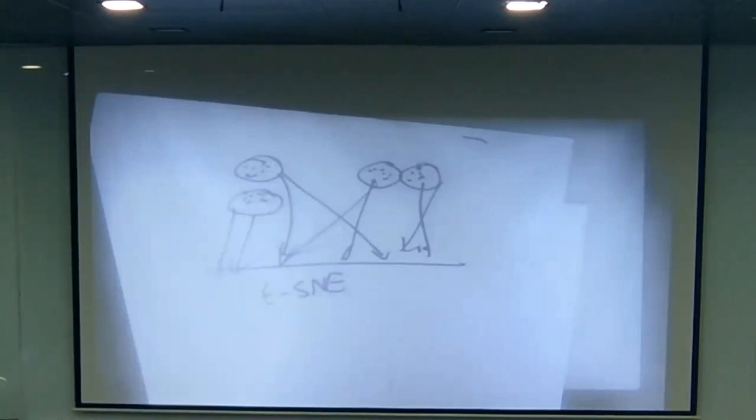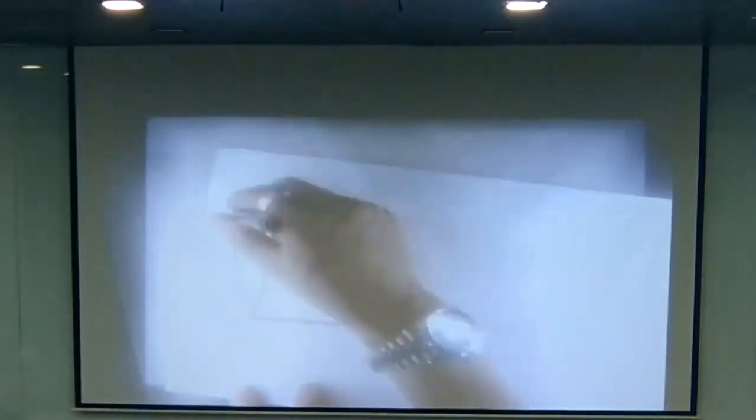Okay, let's do the first one. The first one is called PCA. Before I go to the data, I want you to imagine a 3-dimensional cigar. That's data like this.